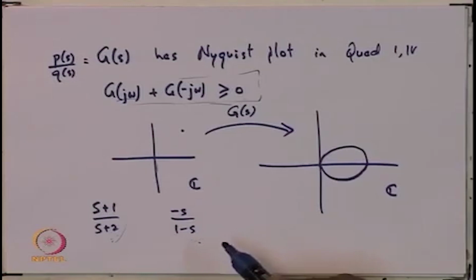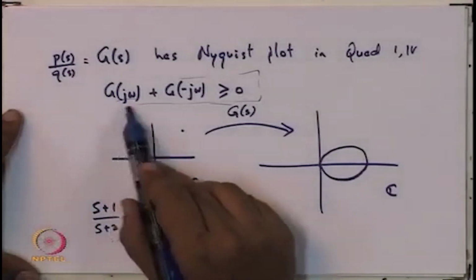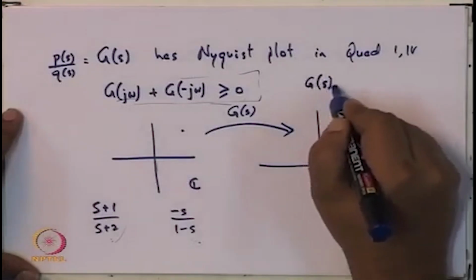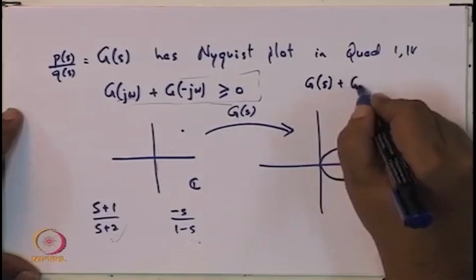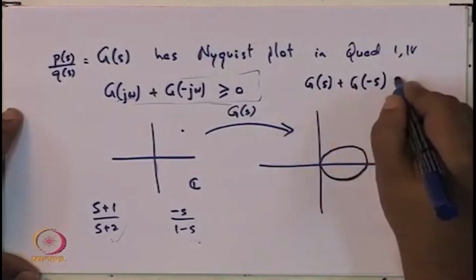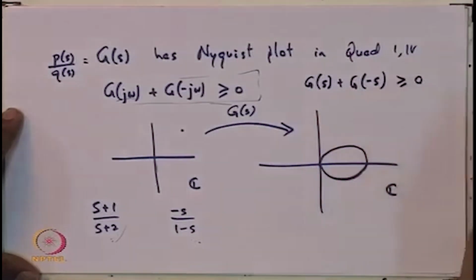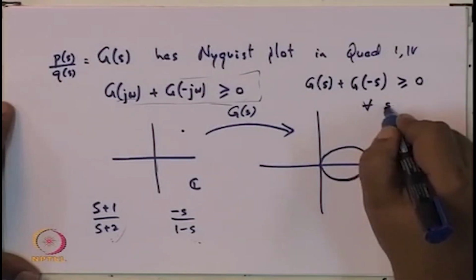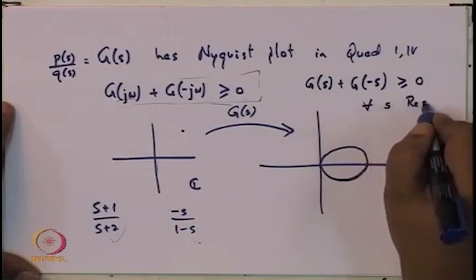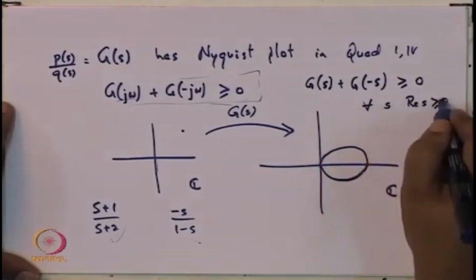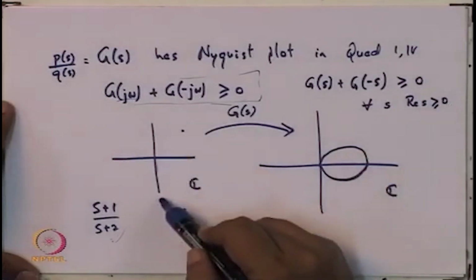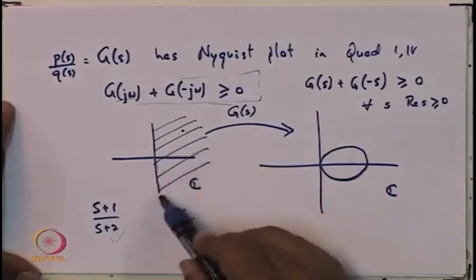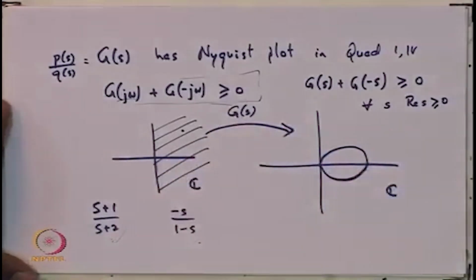Okay. Now, if you look at this further, that means instead of just looking at it this way, if you put the condition that G(s) plus G(minus s) is greater than or equal to 0 for all s such that the real part of s is greater than or equal to 0, that means instead of just looking at the imaginary axis, you look at where this whole half plane maps to under G(s).